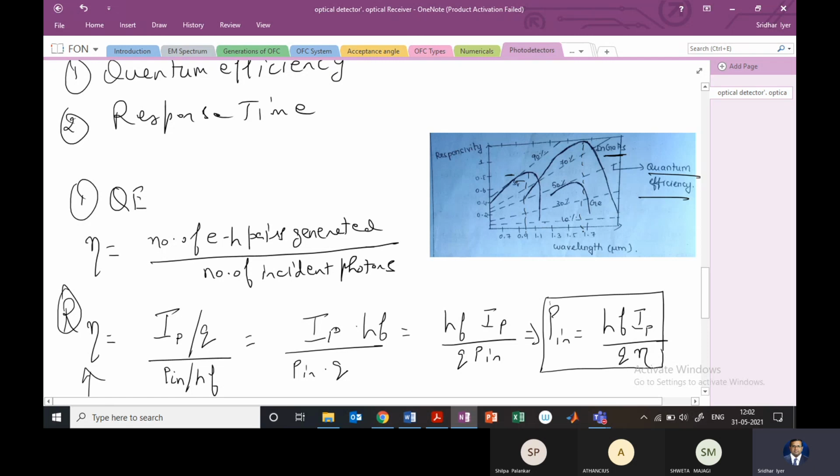Okay, so this quantum efficiency and responsivity are dependent on the wavelength because it is going to vary with photon energy. In general, beyond the cutoff wavelength, the responsivity is going to decrease much more rapidly, because the photon energy becomes less than what is required to excite an electron from the valence band to the conduction band.